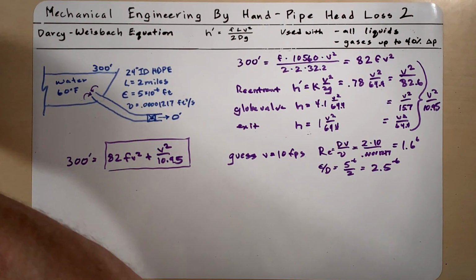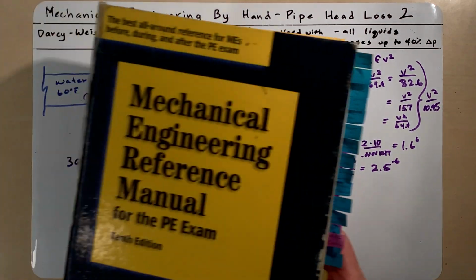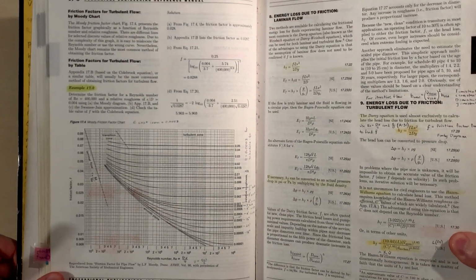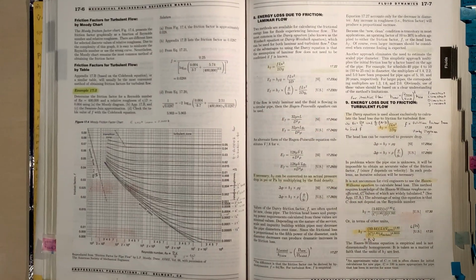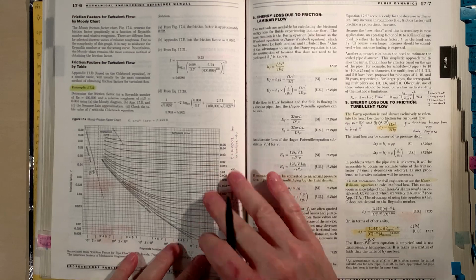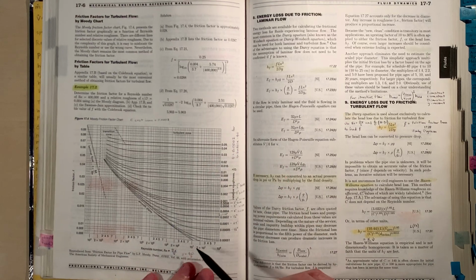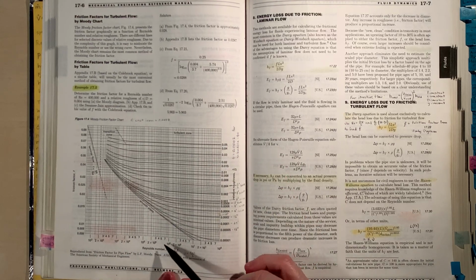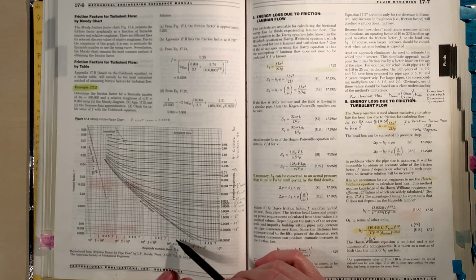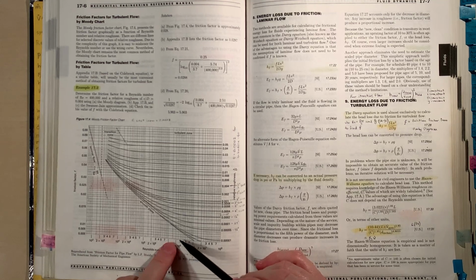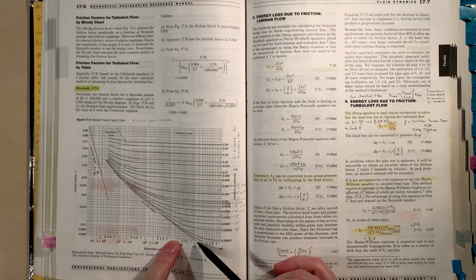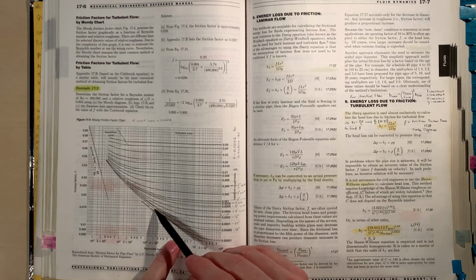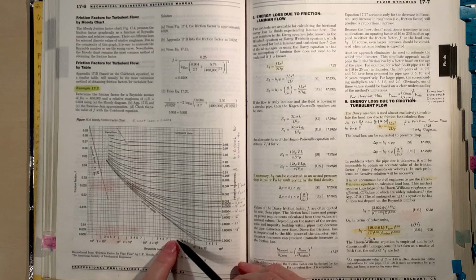Okay, so I'll look in this book at this Moody chart, and there are Moody charts in other books, but I like this book. So let's see, we found our Reynolds number, which is 1.6 million. That will be right about here. And then our relative roughness is so low that I'm just going to use this line that they call smooth pipes, which is the bottom line.